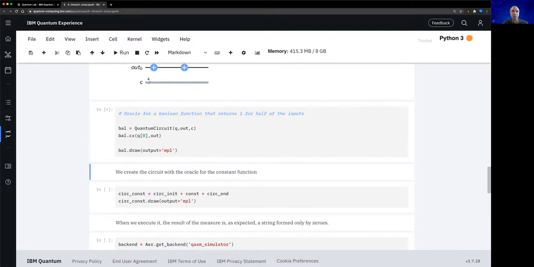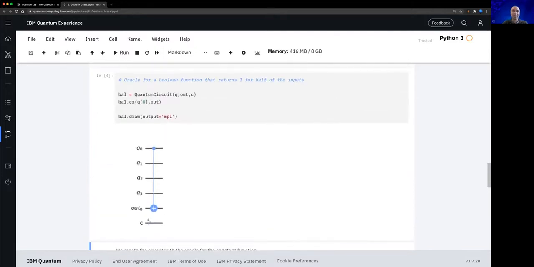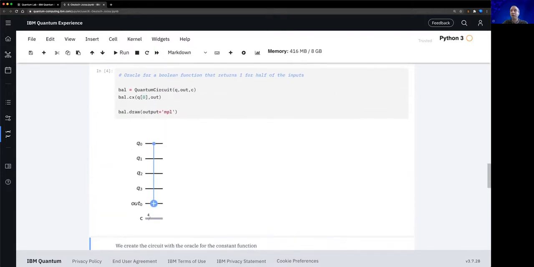And I'm also going to create an oracle for, in this case, a function that is balanced, a function that returns 1 on half of the inputs and 0 on the others. And again, this can be done in many different ways. There are many different balanced functions and many different ways of implementing them with a quantum circuit.